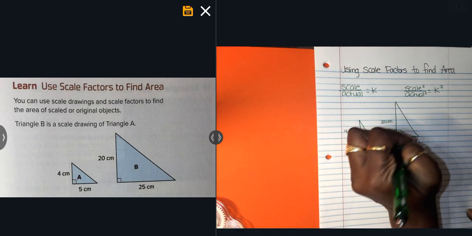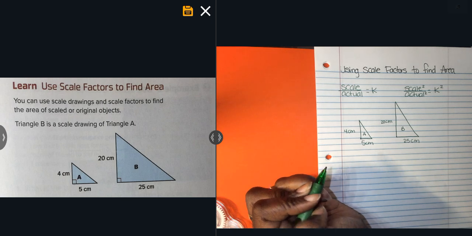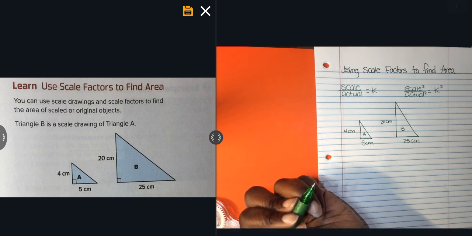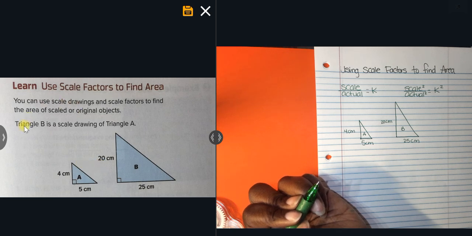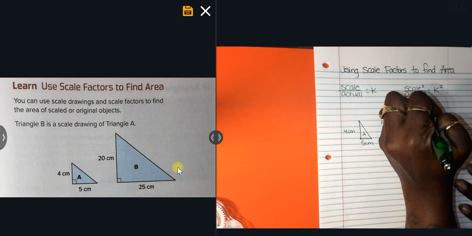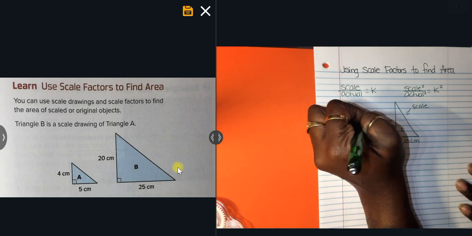This is for A and this is for B. Then I want to know which one is the scale and which one is the original. I'm going to look at the story, and I notice they say triangle B is a scale drawing of triangle A. So that means this is the scale, and this is our actual triangle.